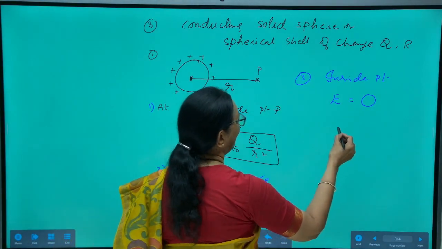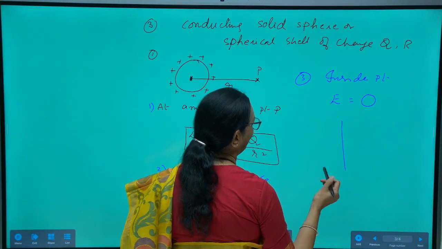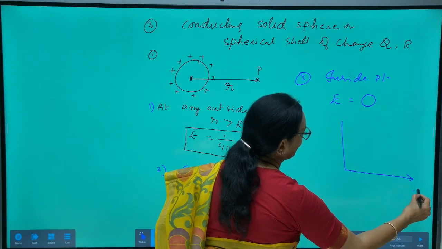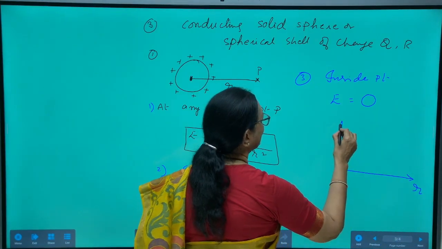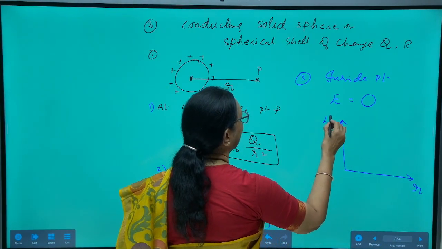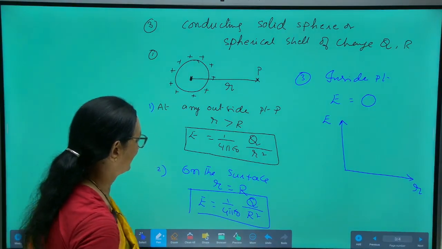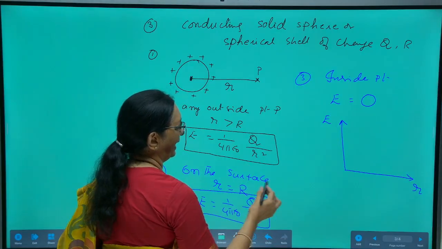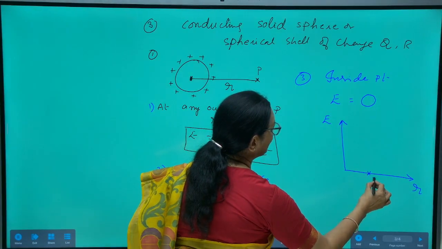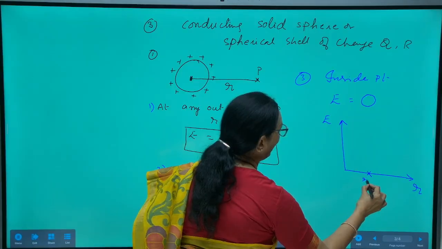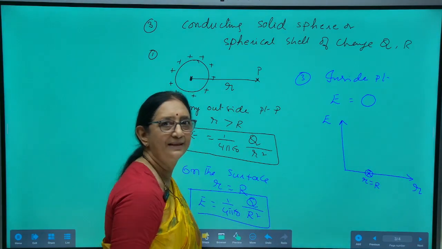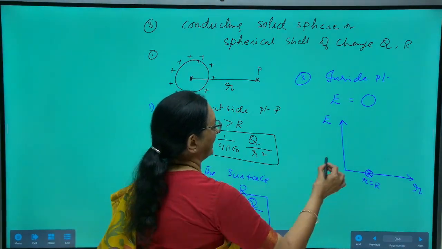Now, let us draw a graph between the distance of the point from the center along the x-axis and the electric field intensity along the y-axis. See here, E as a function of r, and this is a point where r is equal to R. So, this point represents the point lying on the surface.